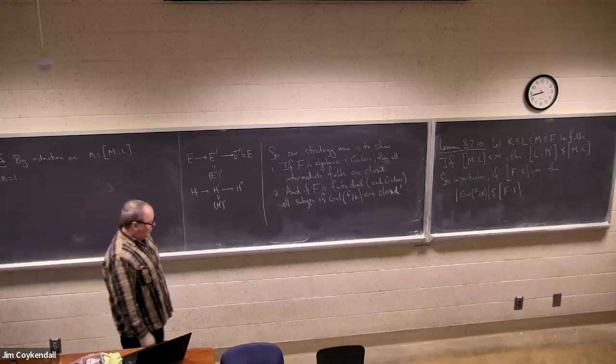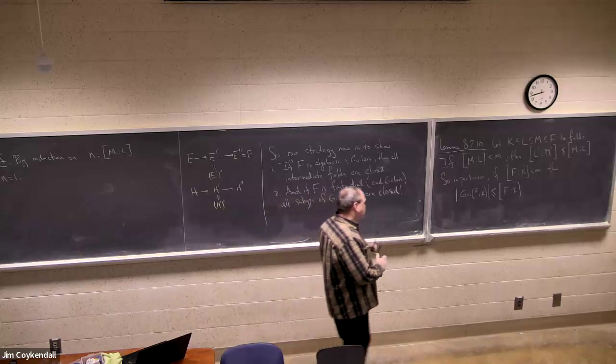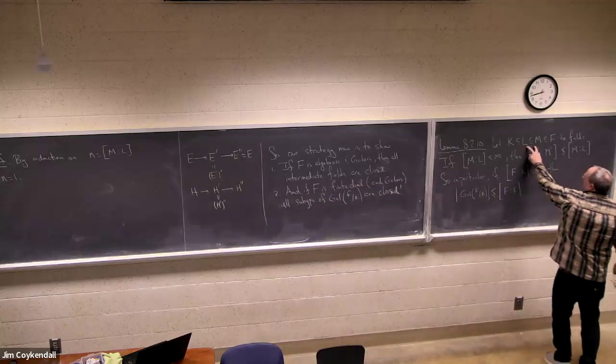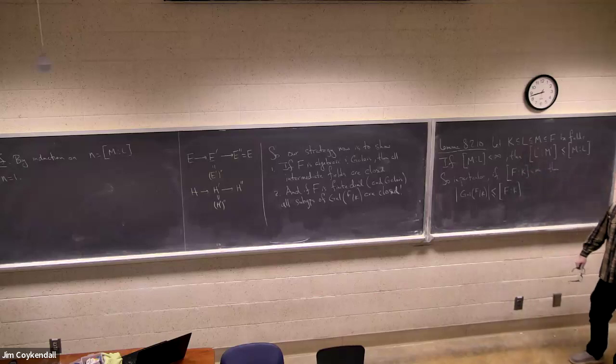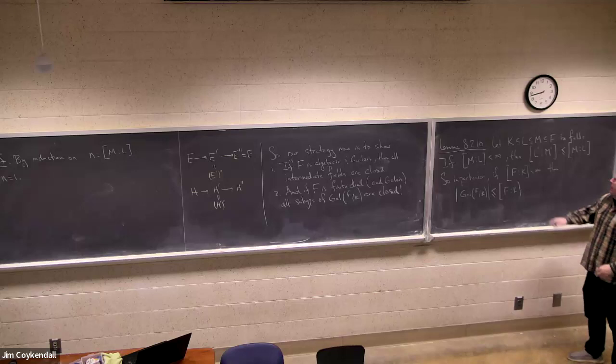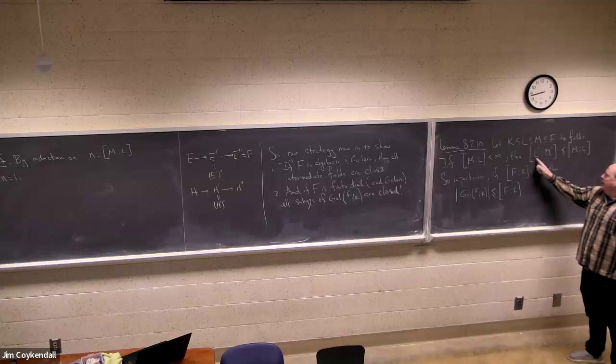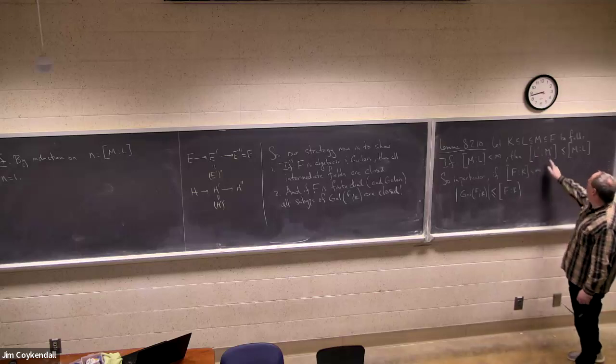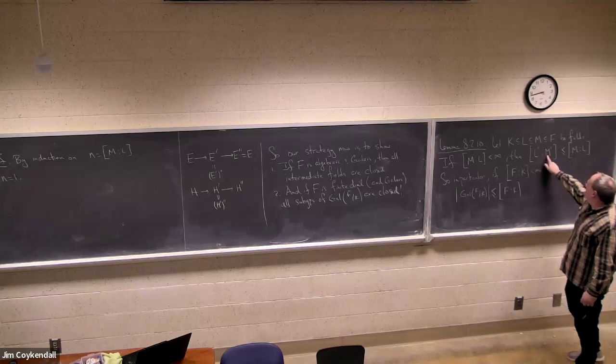What happens in the case where n equals 1? Well, in the case of n equals 1, since there's a containment here, that means that M and L are the same field. So what is M prime?